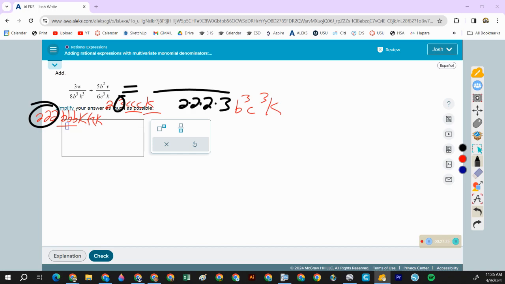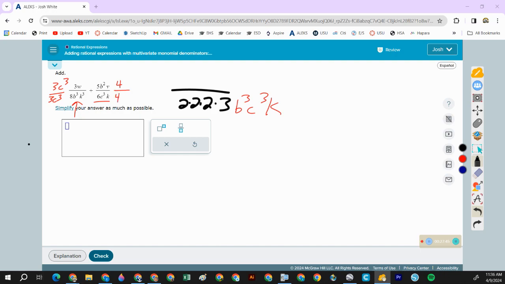All right. So what does this need? A 3 and a C to the third. So 3C to the third over 3C to the third. What does this need? A pair of 2's, so a 4. So 4 over 4.